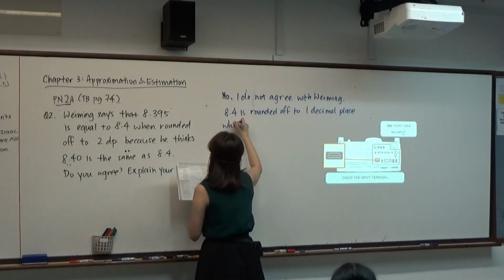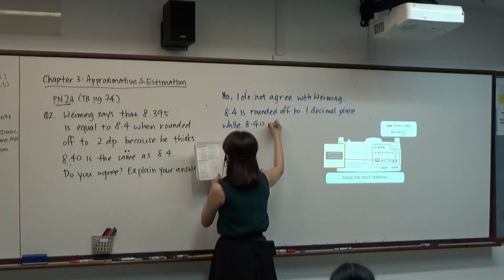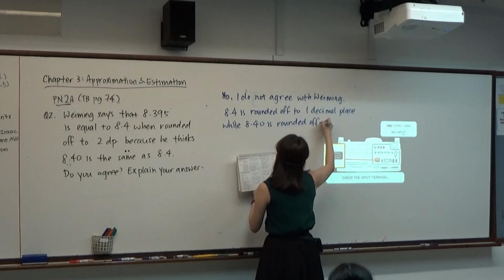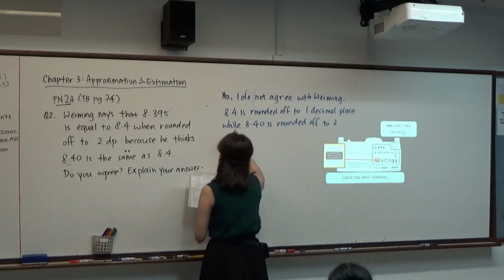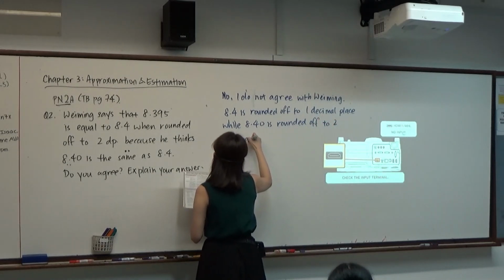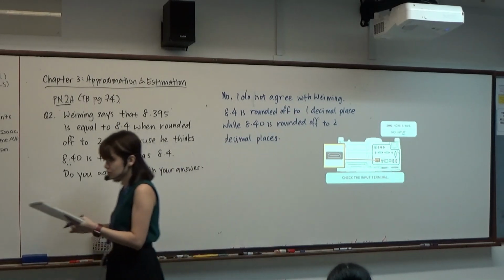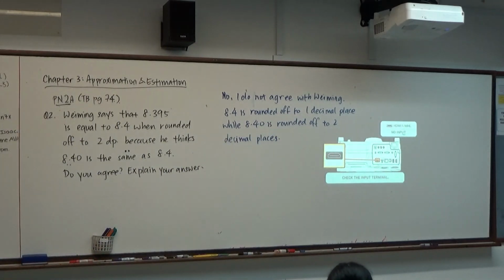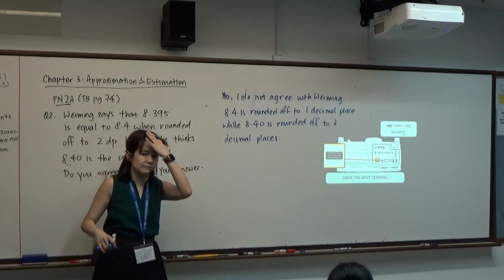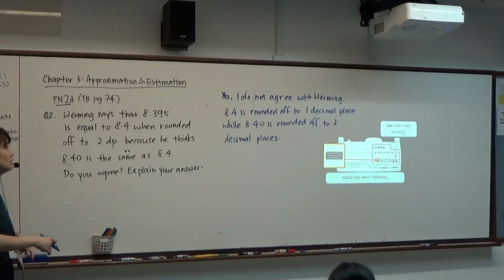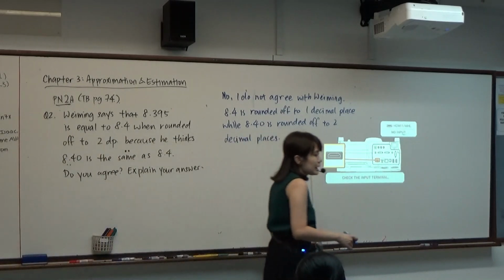While 8.40 is rounded off to 2 decimal places. So we need to point out how one of it is 1 decimal place, the other one is 2 decimal places. Are you copying anything down? Any questions?